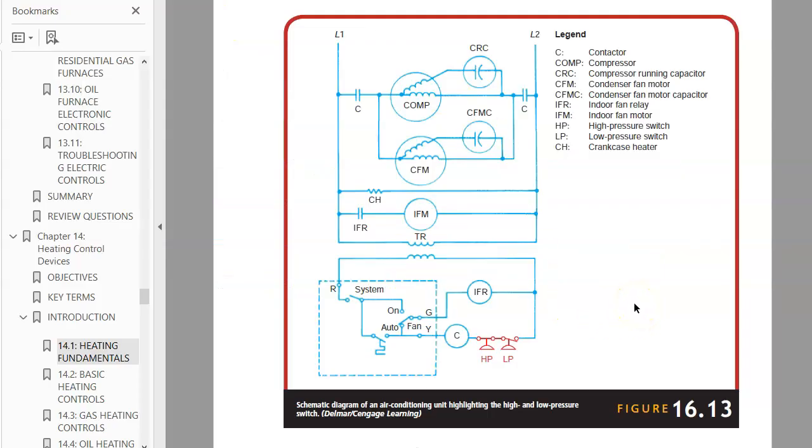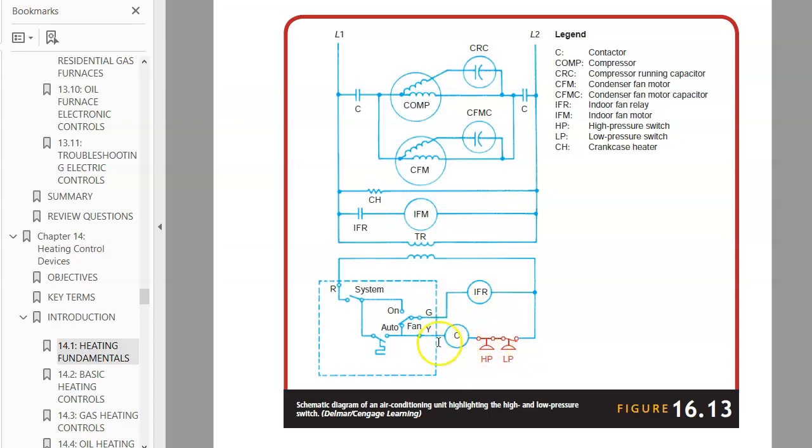For example, we go back to the previous circuit, but this time it has a high pressure and a low pressure switch or sensors. When the pressure is too high, this one will be open.